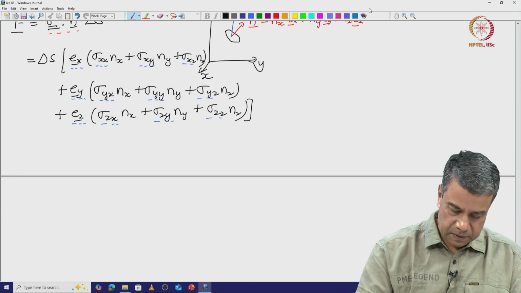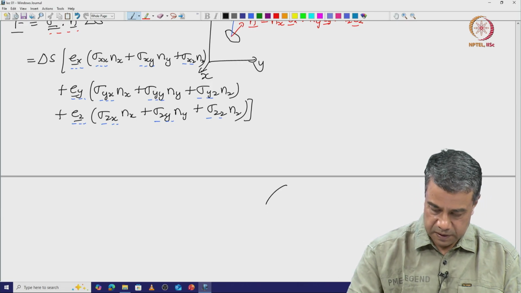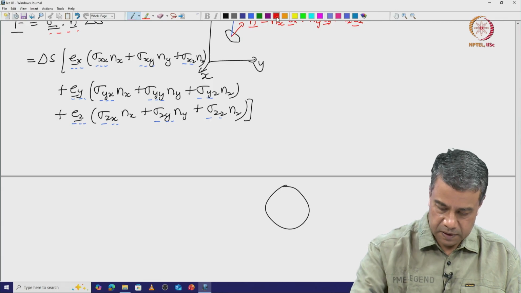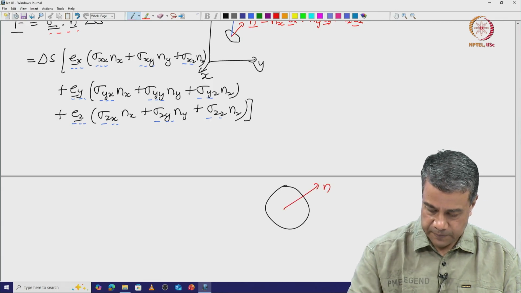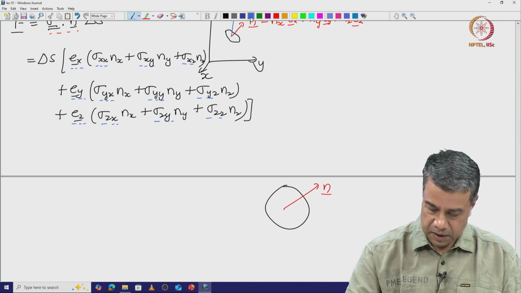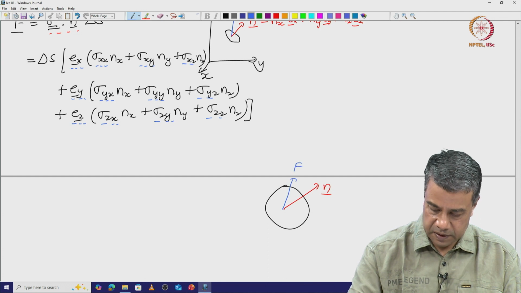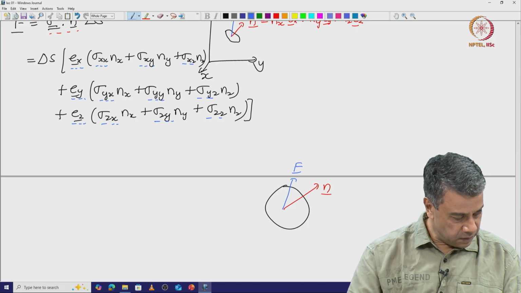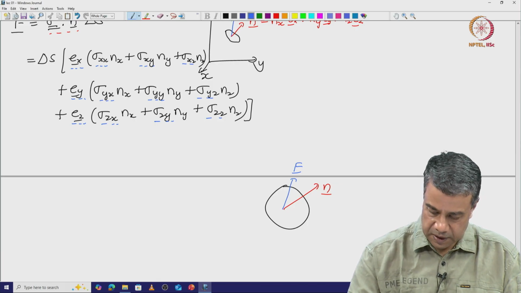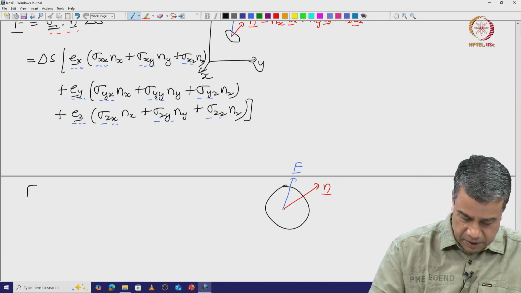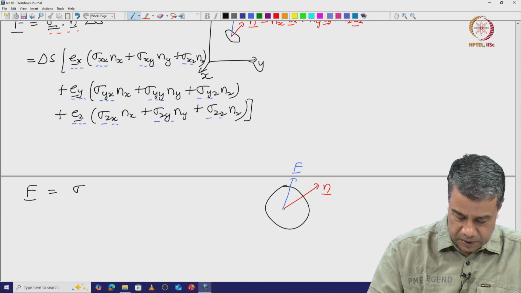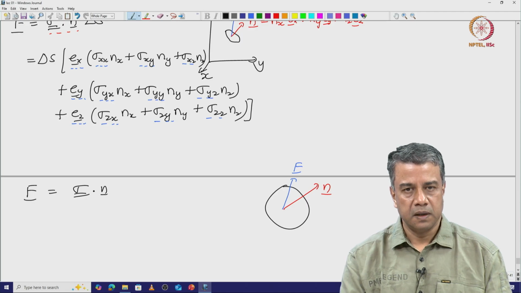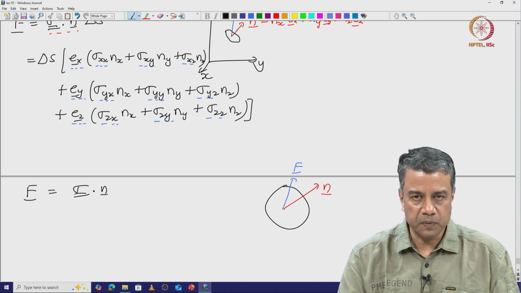Now, I have a surface with some unit normal n, and there is a force acting at the surface. So, this force I had defined as F vector is equal to sigma dotted with n. This can be decomposed into two parts.